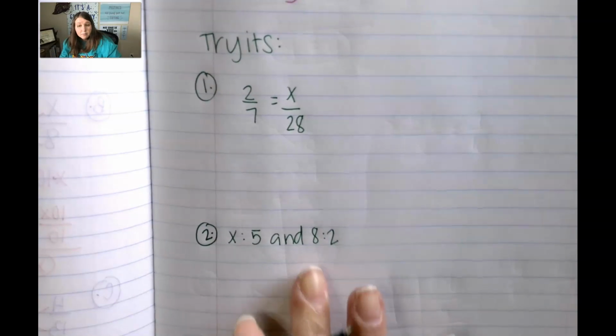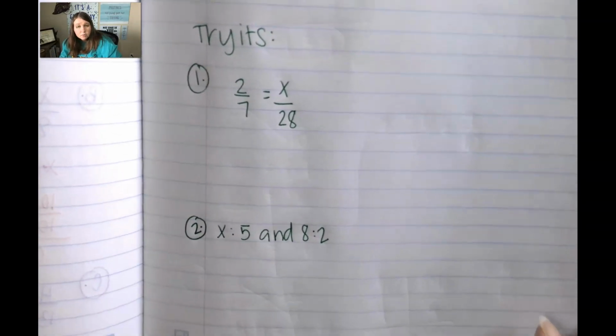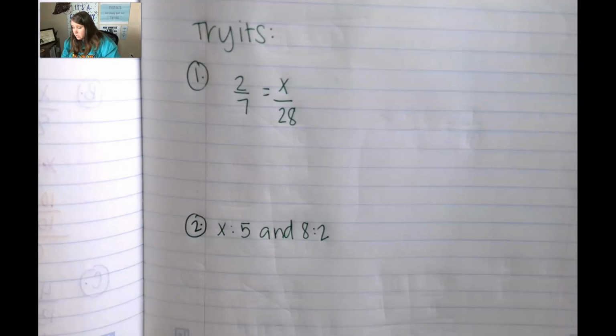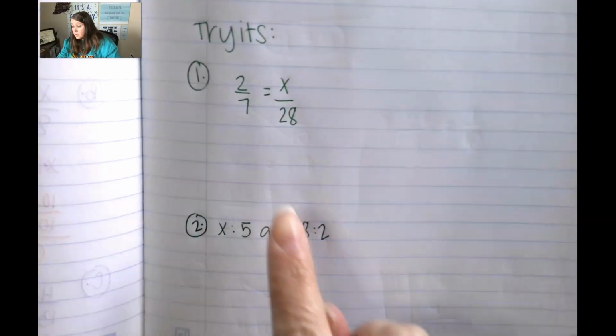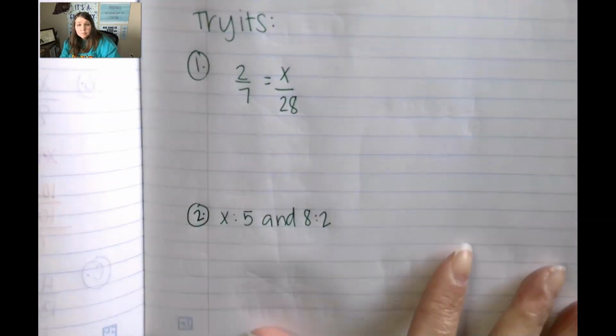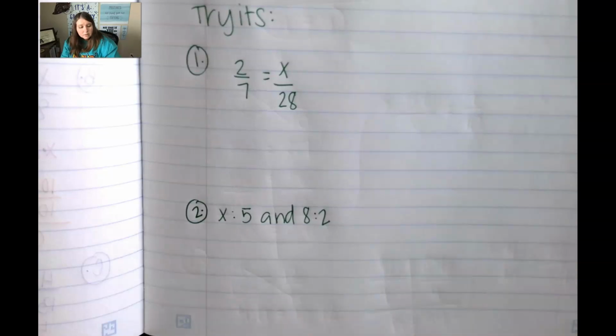Okay, so remember on that one, you have to turn it into ratios first to find the equivalent ratios. Okay, go ahead and hit pause right now so you don't hear me solving. And then when you're ready, come on back and check your level of understanding.